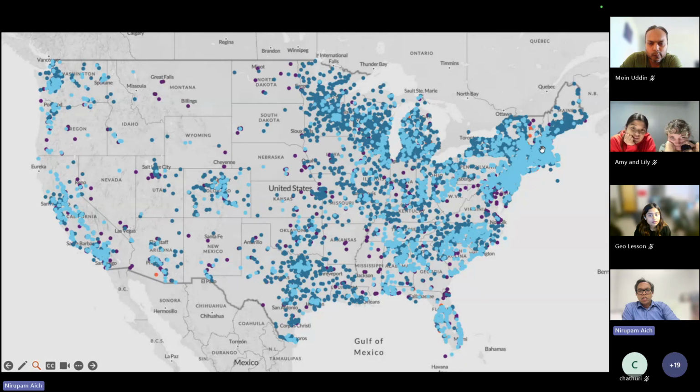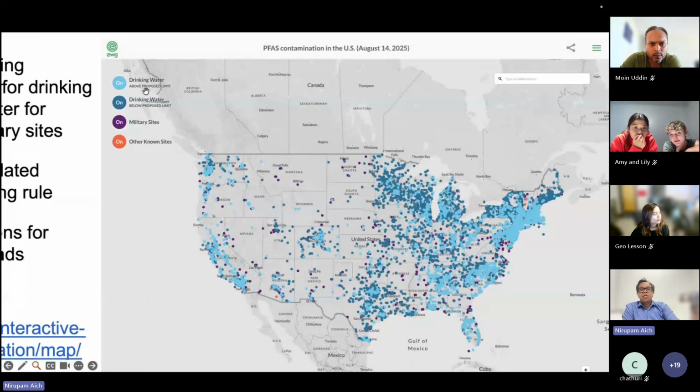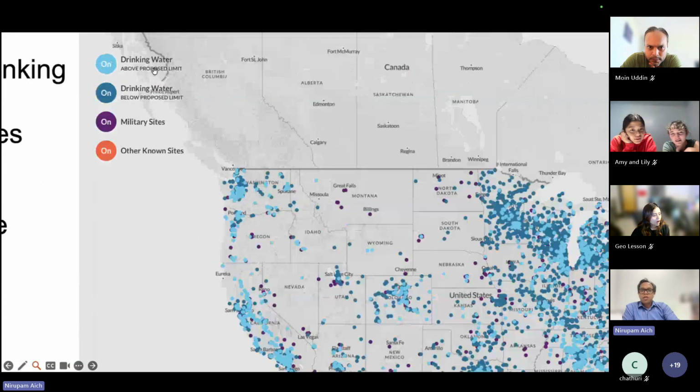You can see different colors for different things, and you can click on each of these dots to see the location, the amount of PFAS in each case, and what type of metrics there are. The light blue is for drinking water above the proposed limit, the regulatory limit. The dark blue is for drinking water below the proposed limit, and the purple one is for military sites.